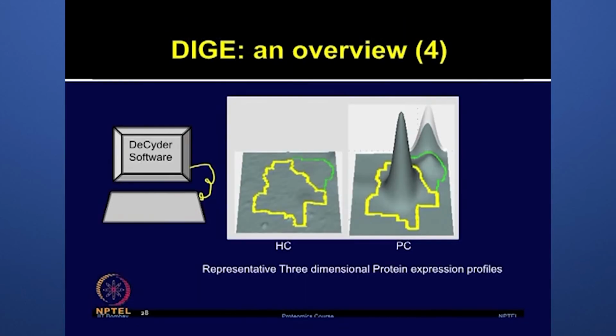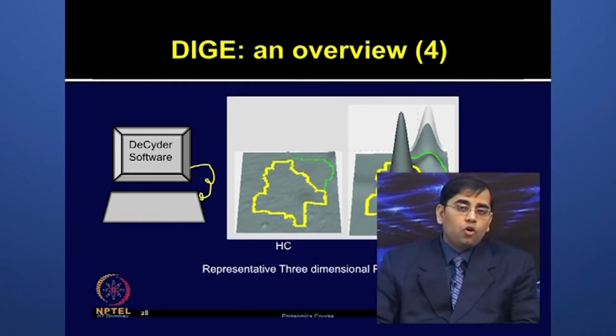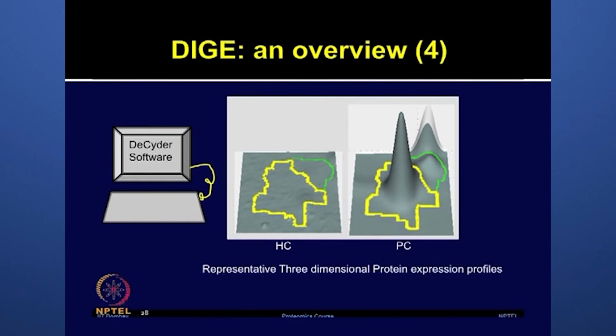So, once you have run these gels, from the same gel the images can be obtained, 3 images of your control and the treatment, and these can be analyzed with different software such as DIGE software, and then by looking at three-dimensional views and the statistical data, these proteins can be considered as interesting for further investigation.